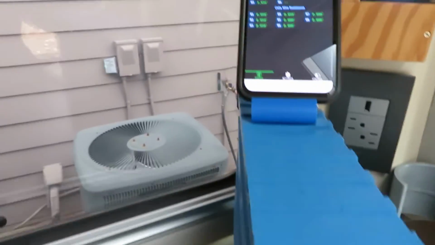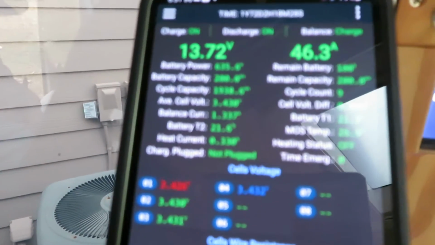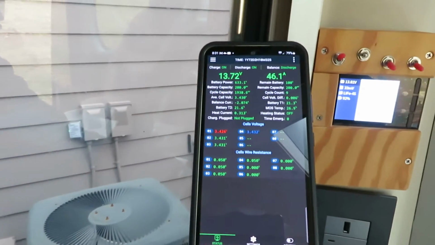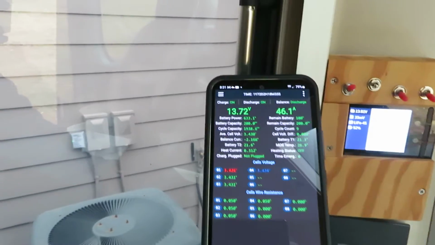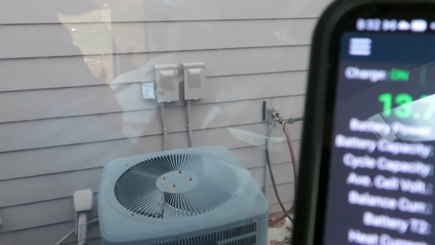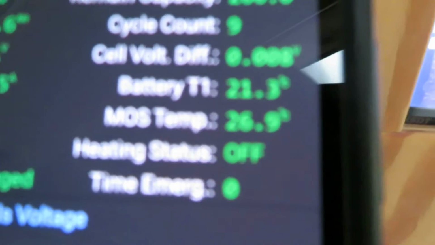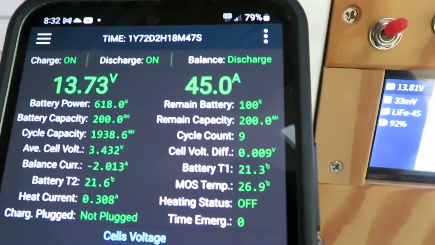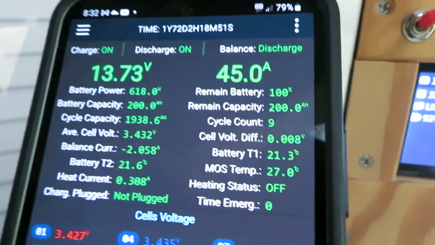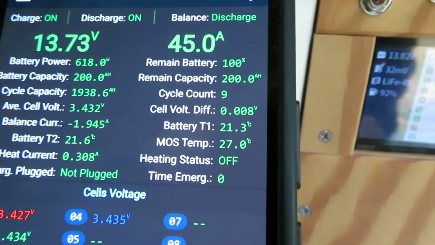So first of all, the JK track charging is 13.72 volt, and the cell imbalance is 6 millivolt. Now it's 8 millivolt. Okay, it's 8 millivolt. Sorry for the focus.